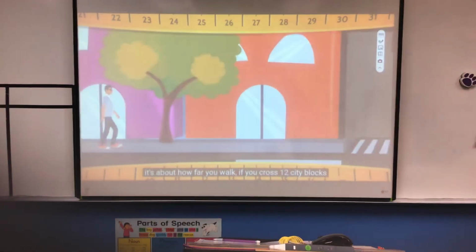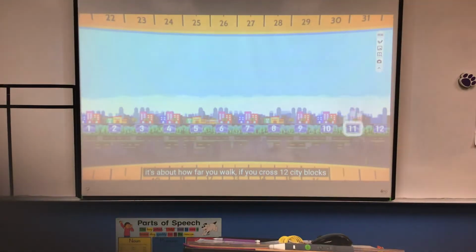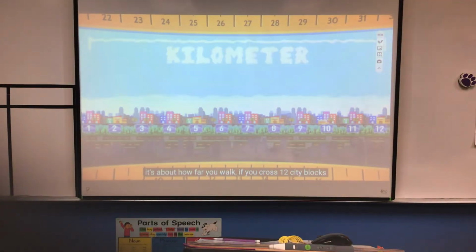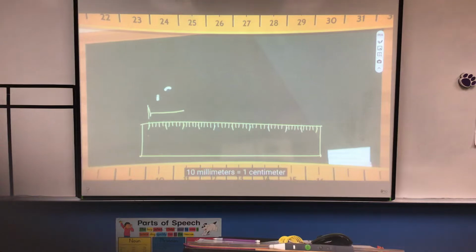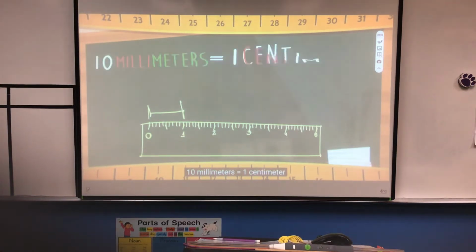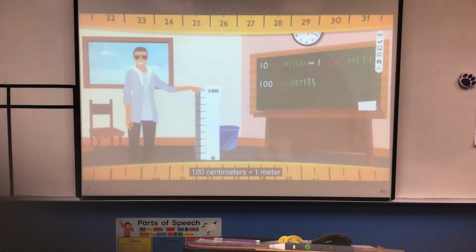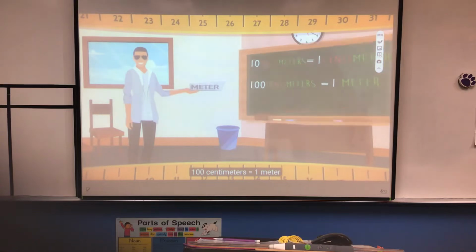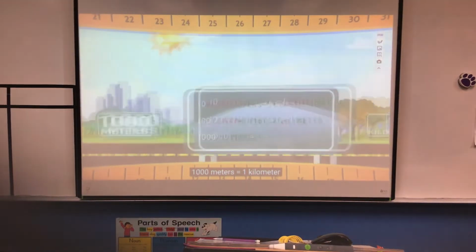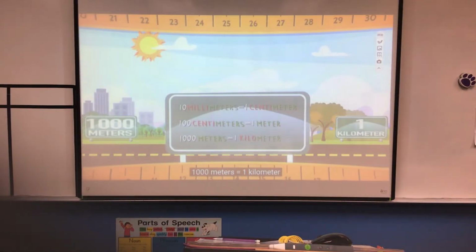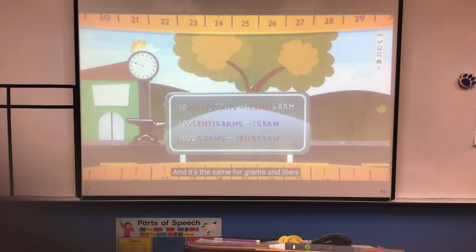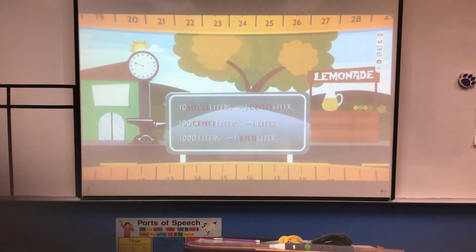It's about how far you walk if you cross 12 city blocks.